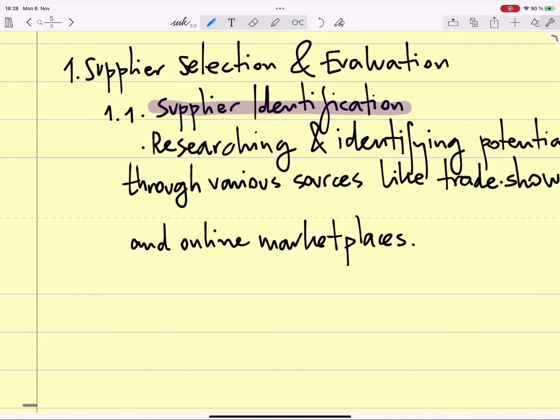So 1.2 would be to establish supplier qualification criteria.